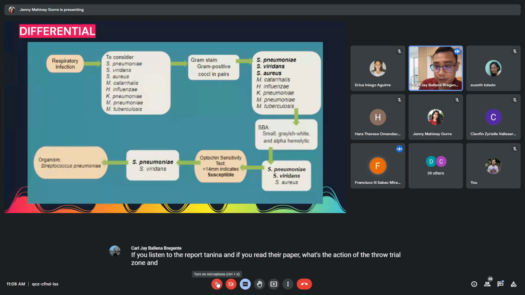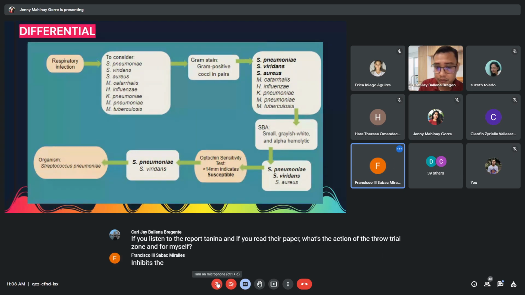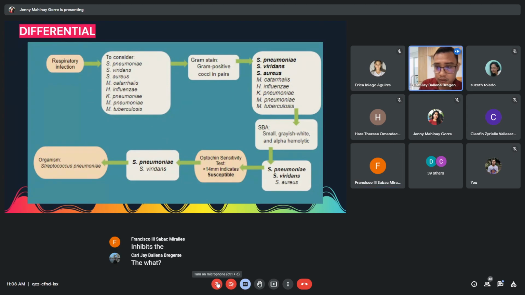It inhibits the cell wall synthesis, sir. The bacterium has a cell membrane and a cell wall that consists of peptidoglycan, sir.